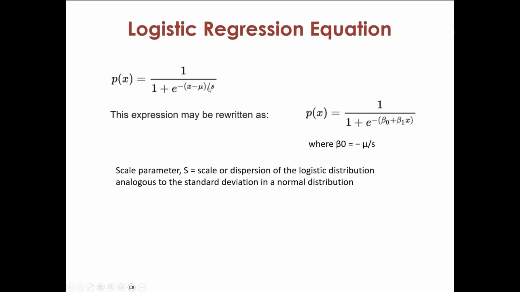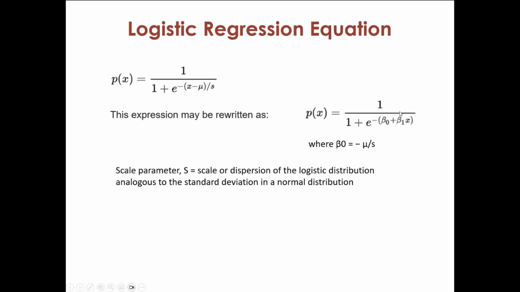Okay, there are two formulas for logistic regression. We can write it in this format where the z value is given by negative x minus mu divided by s, the scale parameter.